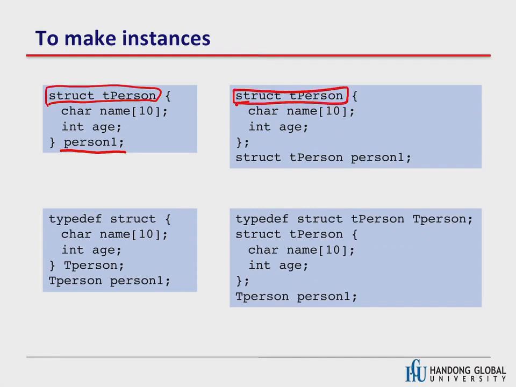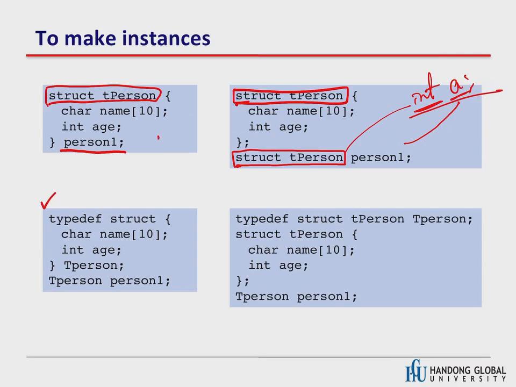When we declare one instance, this corresponds to something like int or float or char. Like int a: this is a data type, and we make one instance. So this corresponds to int, and person1 corresponds to a. By corresponding, I mean struct t_person is not an integer; they are different. I mean struct t_person is a type like int. That's what I'm saying.